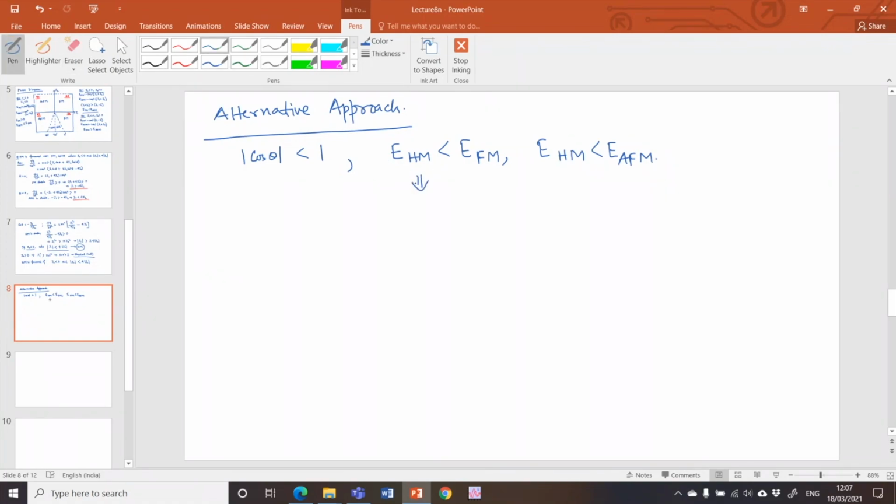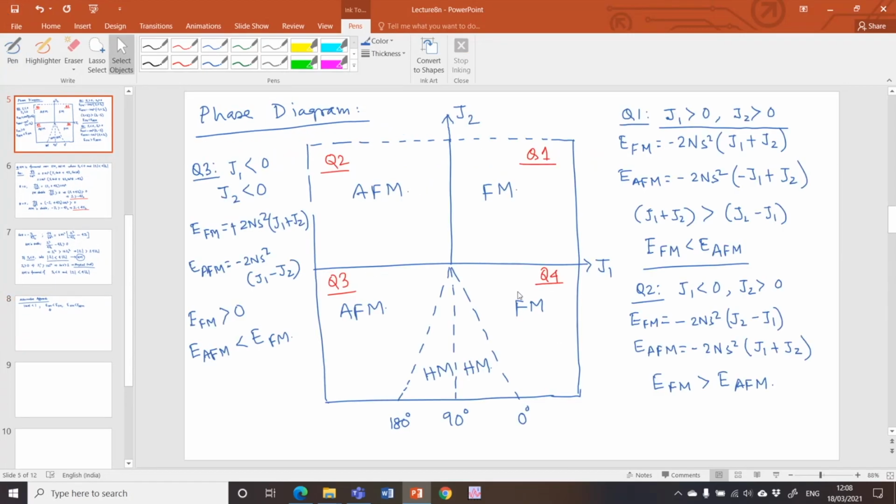So I think you do it at home, because it's quite a bit of mathematics, in a similar way. Okay, you try it. Okay, so basically this is like relative energy arguments that you have to make. So this phase diagram is clear to everyone, right? Yes, sir. Okay, good.